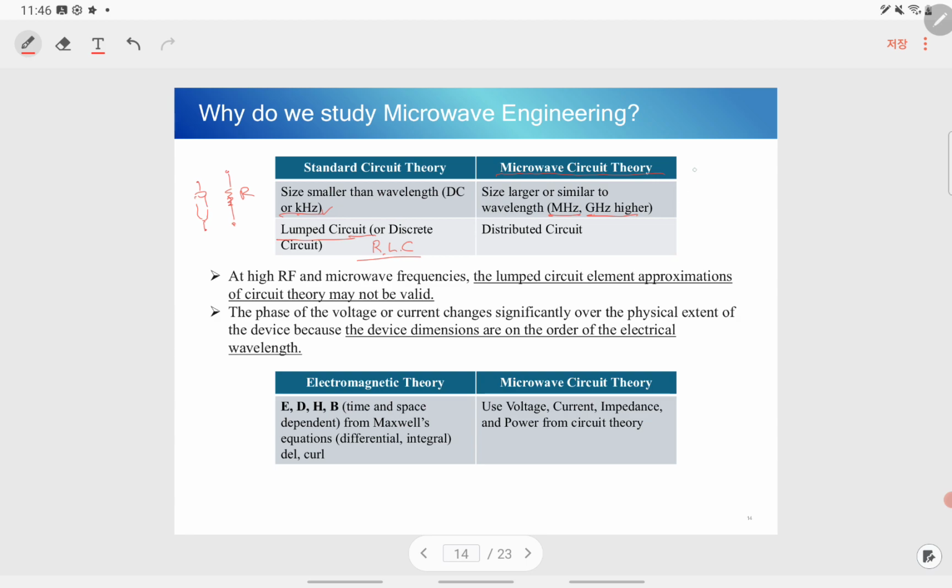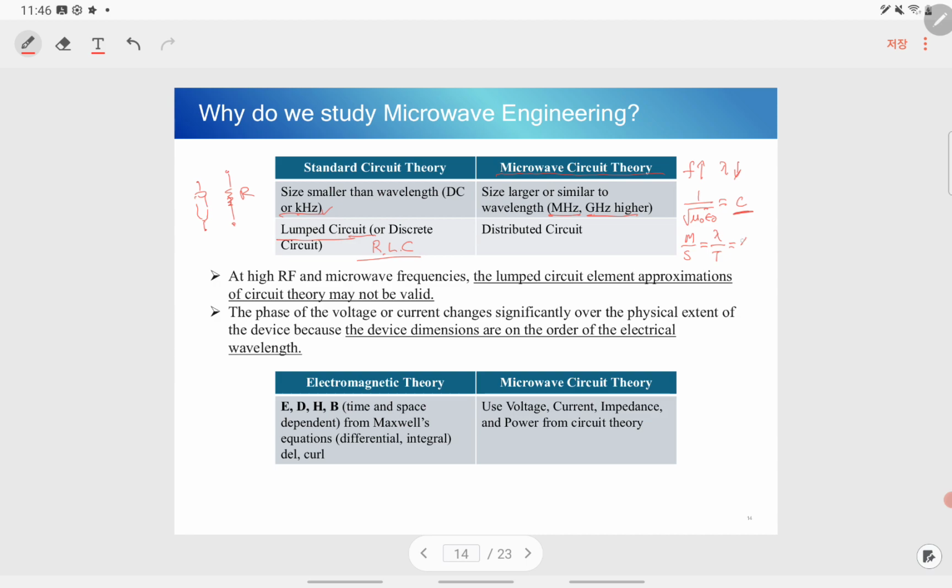The thing is, as frequency goes up, wavelengths become smaller. From Maxwell's equations, we learned that c is velocity, meter per second. In the wave, meter is related to the wavelength, and second is related to the period.